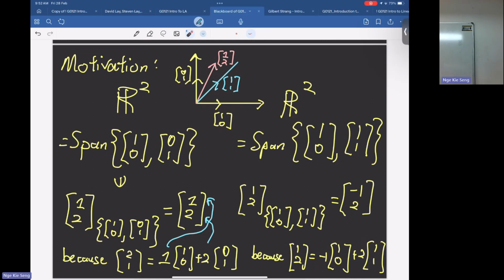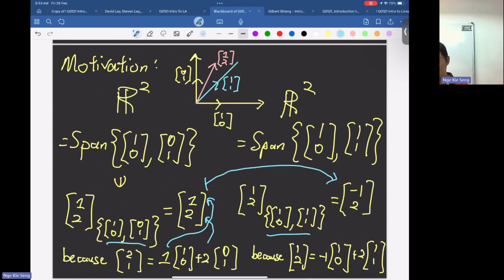Now the problem is, can we go between these two or not? Is there a way to jump from (1,2) to (-1,2), given that we know these two bases?